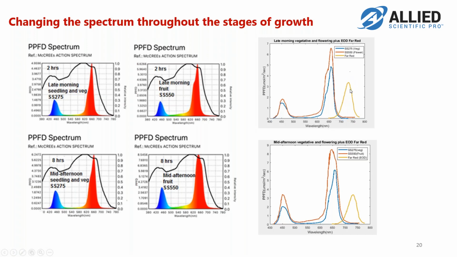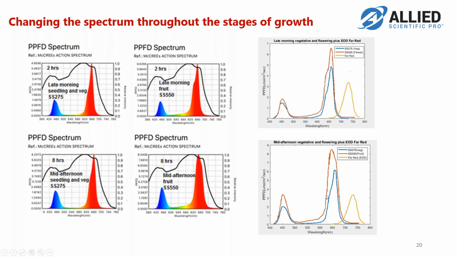And this line over here, or this curve, represents the far red, whose intensity did not change. So it's a good comparison to see how these intensities are changing from the late morning to mid-afternoon. So here, for example, you can see for the vegetative state, the intensity of this far red is almost half the SS550 peak.